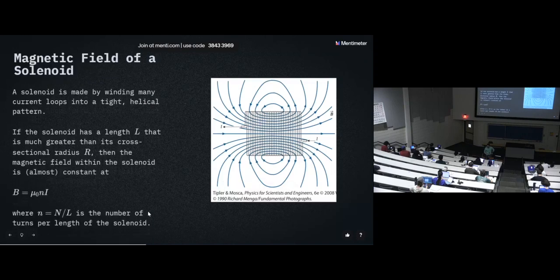Now what you can do is you can stick a lot of those loops together, side by side by side by side, and as you align those loops together, then effectively what you have created is a solenoid. Or if you're from the south, a solenoid.